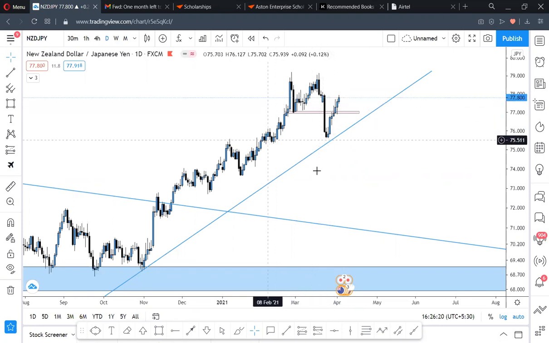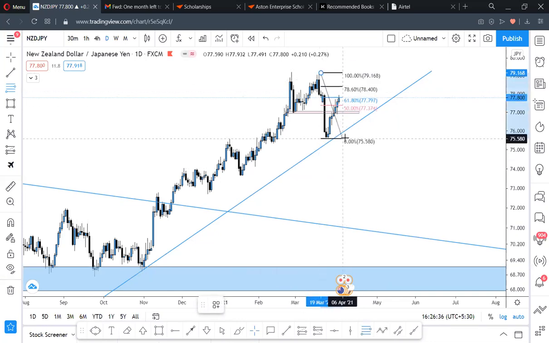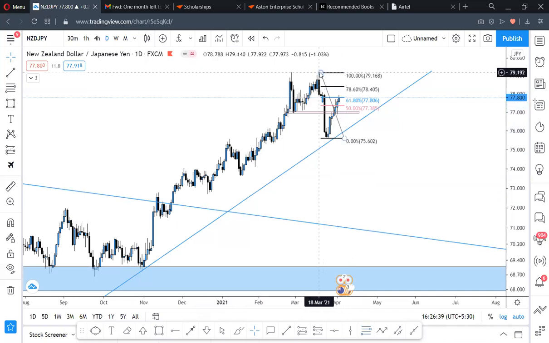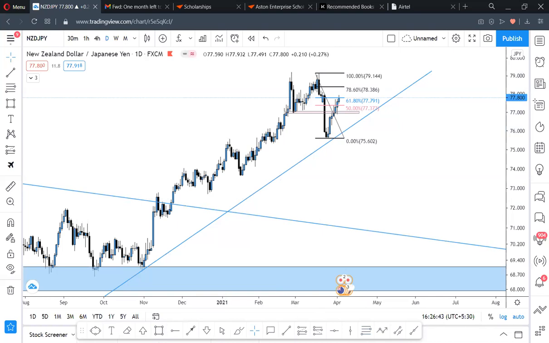In this scenario, I make use of two things. First of all, I measure the 50% range with the help of the Fibonacci. And before I take any action, I want to see how price reacts around those zones.